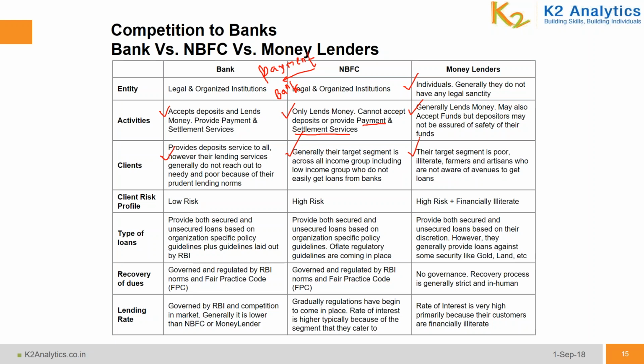To overcome that, defaults and NPAs, it is important that you charge a rate of interest which is 20, 25, 26 percent, because you are expecting 8 to 10 percent of the money that you lend may not come back to you. To prevent that loss, you have to charge a higher interest rate. NBFCs took benefit of that and they started giving loans at a higher rate of interest.